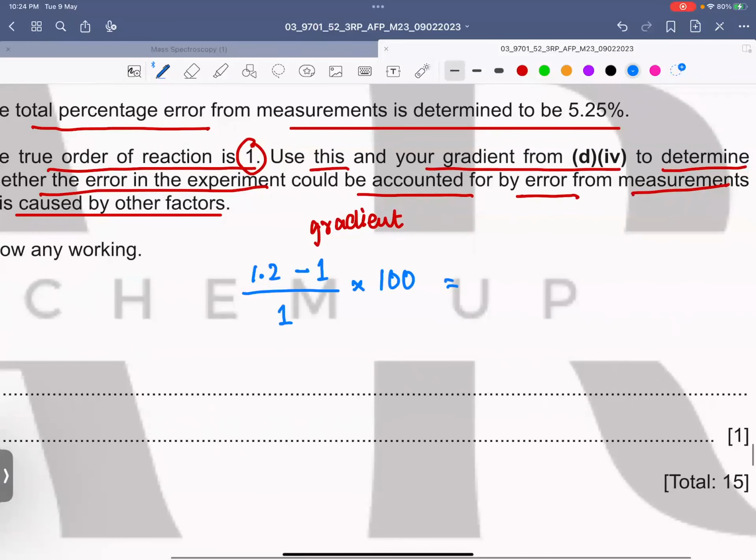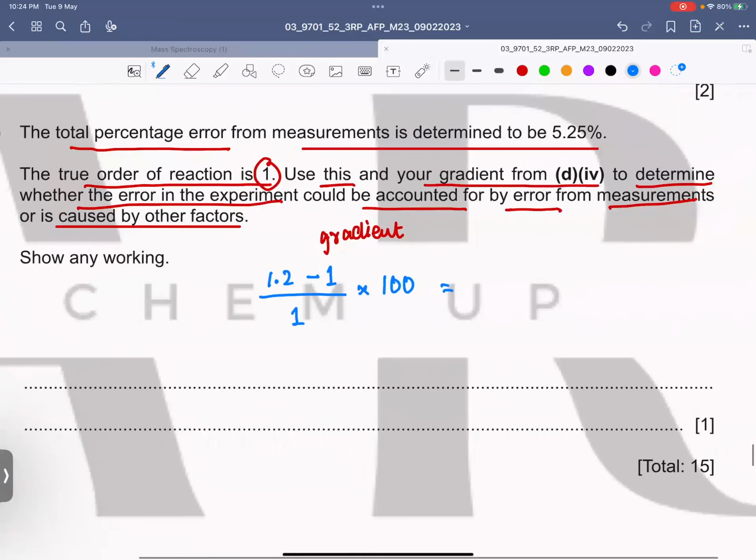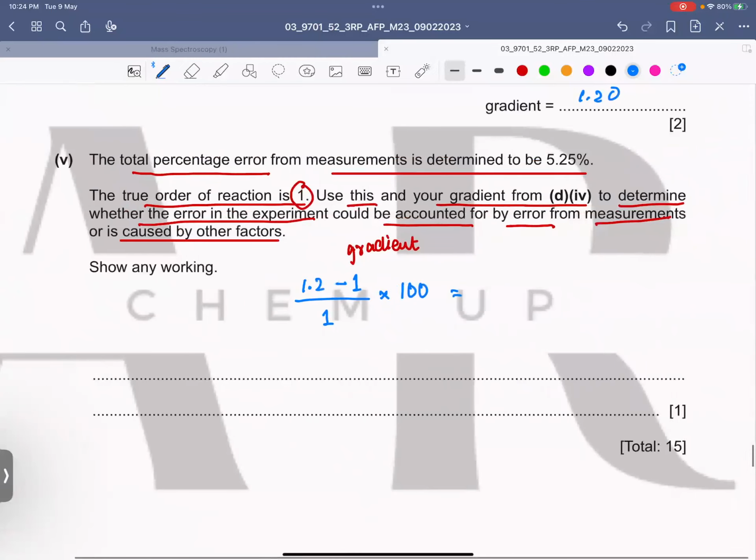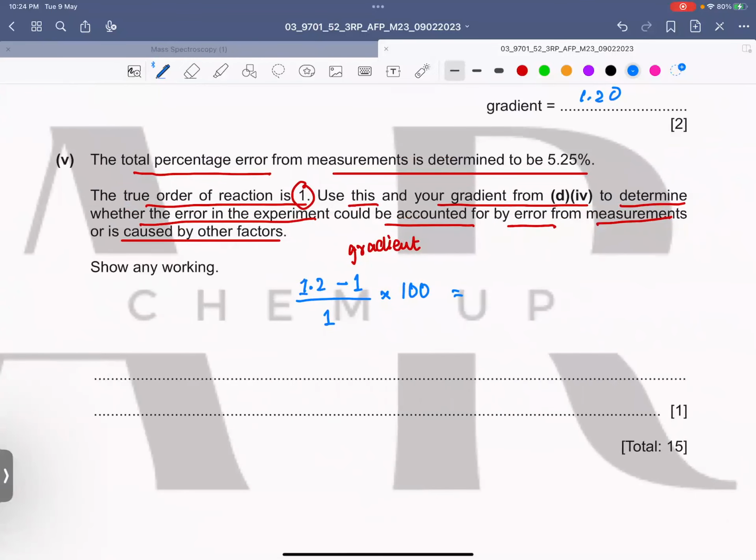Can anybody tell me the answer? What percent am I getting? 20. Okay. So I'm getting 20%.